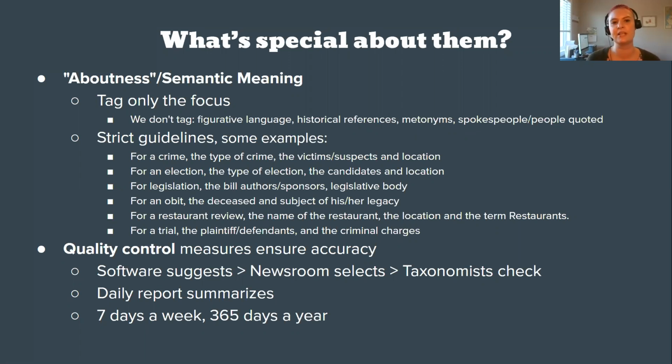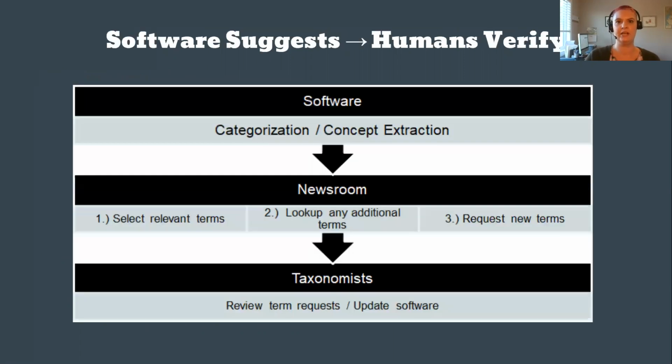So in order to get this kind of quality control, basically we have this workflow. The software looks at the articles, it makes the suggestions, the newsroom selects the relevant terms. If they don't see what they're looking for, they're able to use a lookup tool in our vocabulary for subjects and some of the entities and decide, oh, it's in there, great, I'll grab it from there.